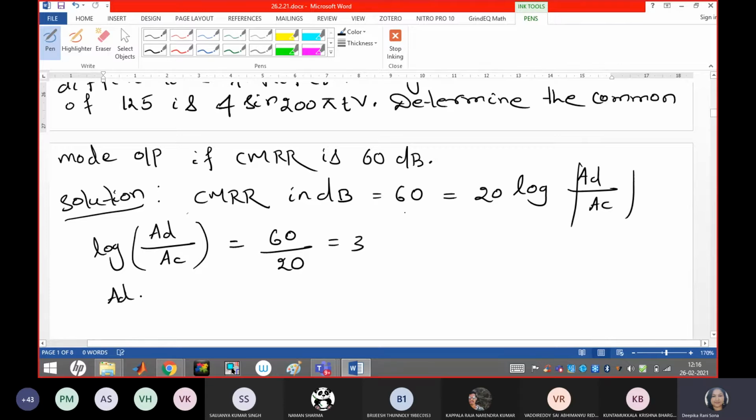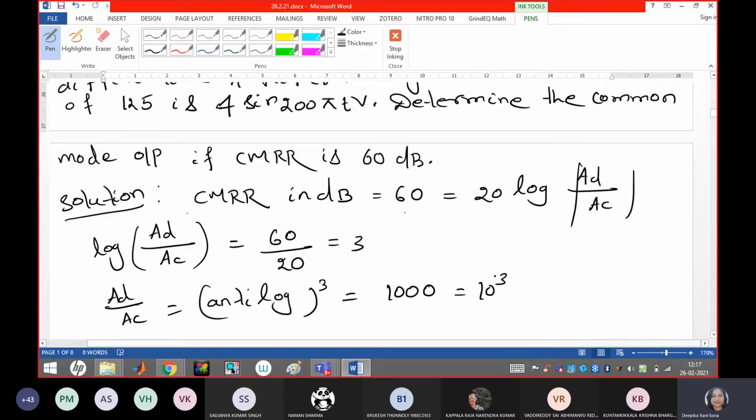Then normal AD by AC can be calculated as log inverse of this value, or directly I will write the anti-log of this value. It will give rise to this.